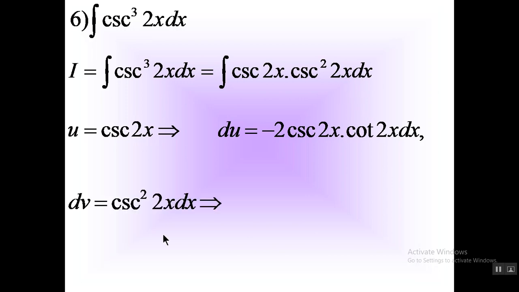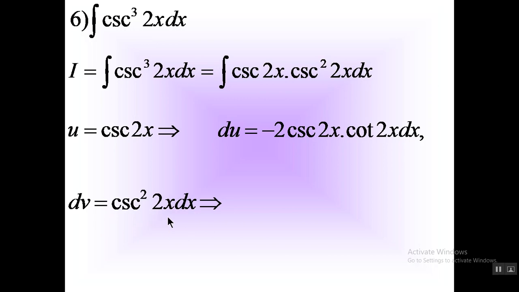Now, we consider u as cosecant 2x. So we need the derivative of cosecant. You know that it is minus cosecant cotangent and multiplied by the derivative of 2x, which is just 2. So the rest must be dv then. For this case, dv equals cosecant square 2x dx.